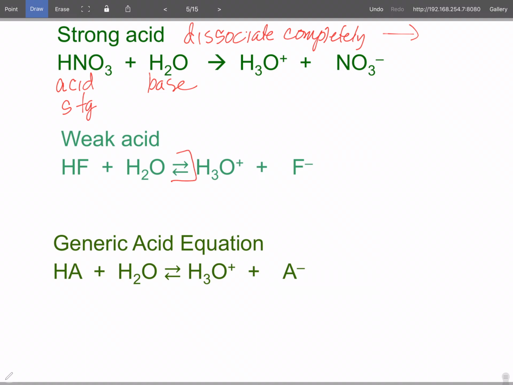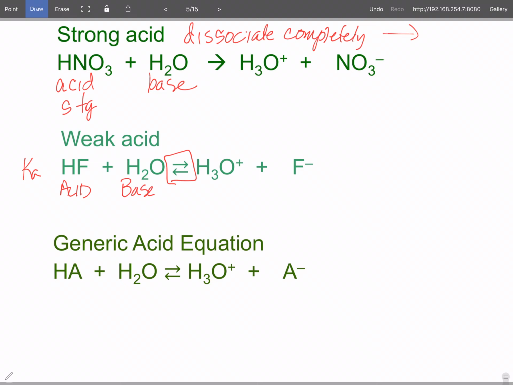And when we go back down here, this is a weak acid. You know this is a weak acid because it's an equilibrium. That means this will be a Ka, and this is your acid form, and this is your base form. This is kind of like redox when we talked about it before. You can't have one without the other.